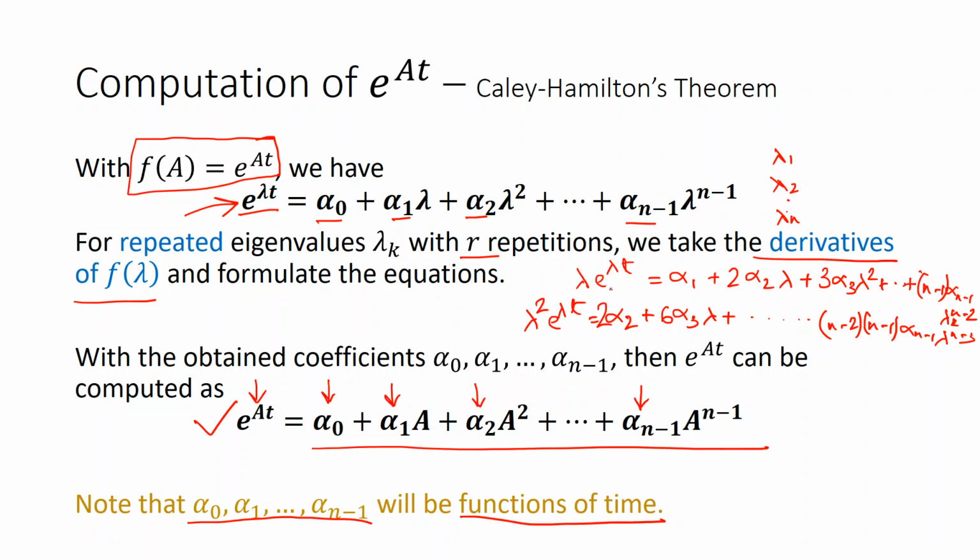Now you can put your lambda value and you will get distinct equations coming out. Now you can solve for all of the alphas, and then you will get your e to the power of at also, after knowing what your alphas are. So this is another method of solution.